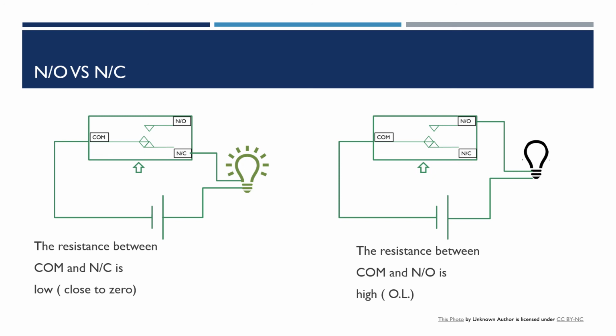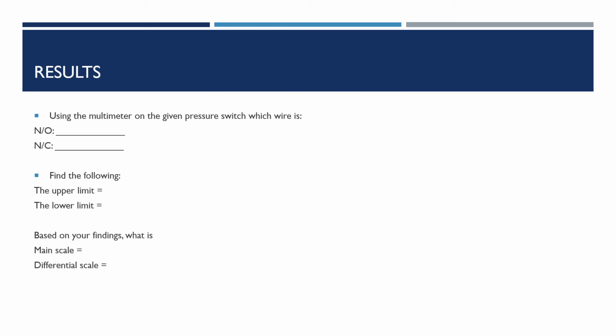So if you measure the resistance between two terminals, low resistance means that I have normally closed, and high resistance means I have normally open. And this is the experiment. Follow what we have in the experiment, and then I'm going to ask you to fill in these blanks once you start your experiment.